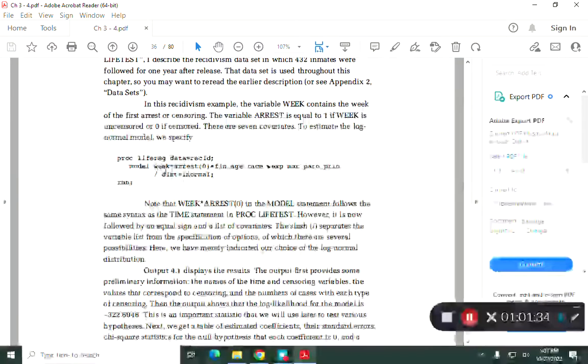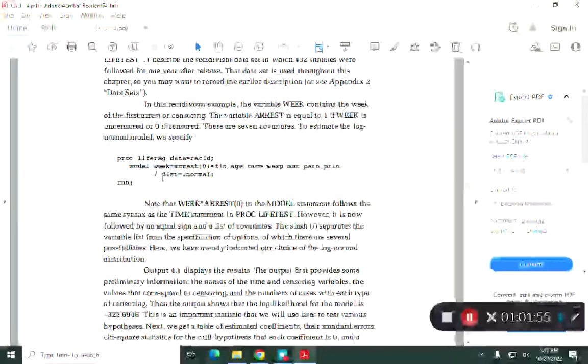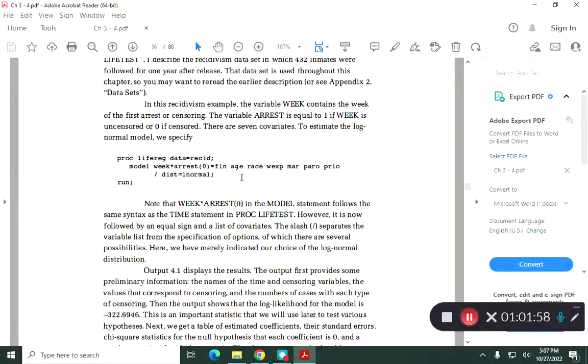I have the survival time, and then the censorship, and after that equal to a bunch of covariates, things I'm interested in, okay? And finally, you will define which kind of distribution I should use. I can have a distribution equal to lognormal, I can have a distribution equal to Weibull, equal to exponential, anything you experienced in our Excel, now you can do it here, okay?